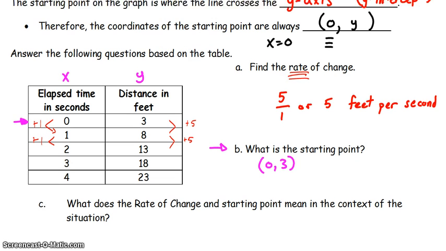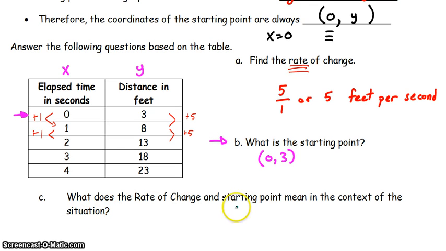A question you will be asked is, what does the rate of change and starting point mean in the context of the situation? We've done this, we just haven't called it this yet. So what does this point mean? Well, the x is 0, that means no time had elapsed.